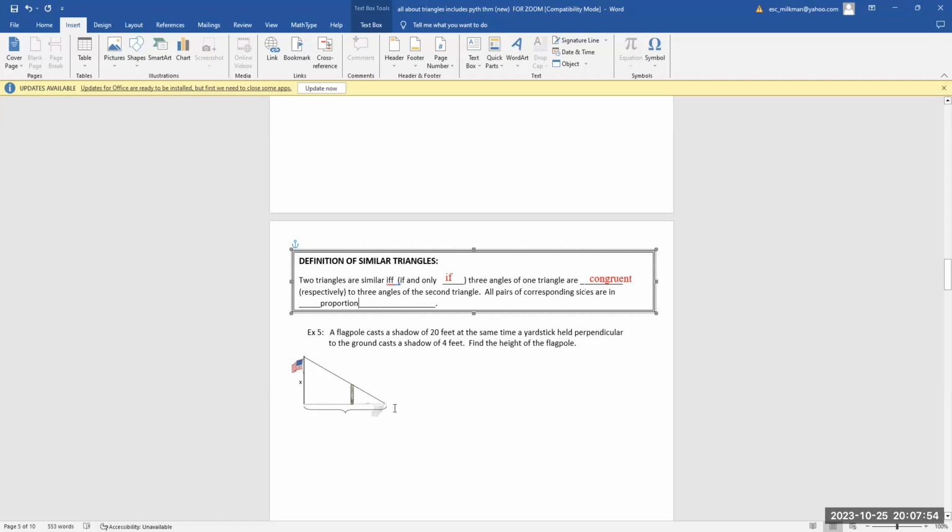And you can see the shadow of the flagpole that I have drawn here. The flagpole has a shadow of a length of 20 feet. But the yardstick held perpendicular to the ground, meaning that I have a 90-degree angle there and a 90-degree angle there, casts a shadow of only 4 feet. Find the height of the flagpole.